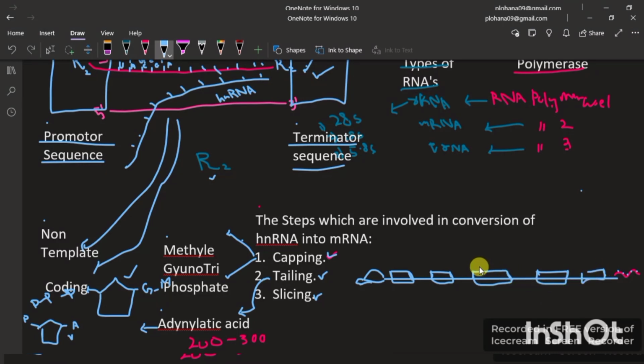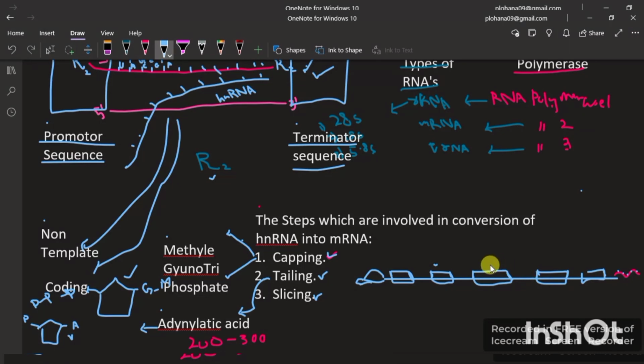Now splicing will be done of the parts which don't form protein. Like this would be forming protein, this would be forming protein, this would be forming protein, this would be forming protein as well. But now these parts won't form protein. So we have to do splicing of these parts which are not forming protein.